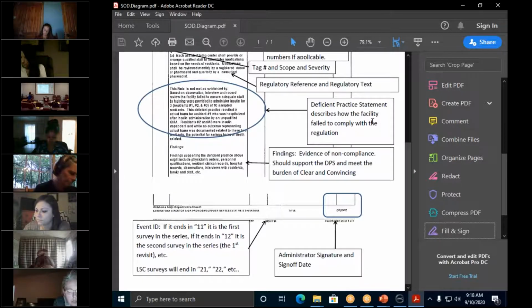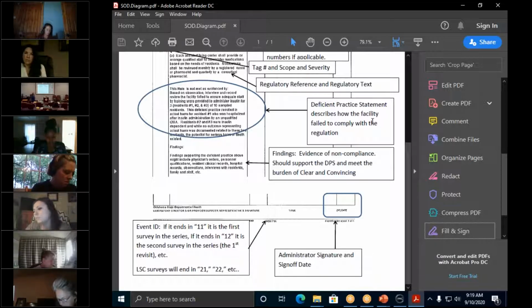Okay, and so when we send out emails, most of us try to say what facility we're sending it to, and the date. You get it from me, it's going to say what kind of survey it was, like right now, COVID complaint or whatever. And then it'll have an event ID over to the side. So really, if you reply and just attach your POC, you should be good.